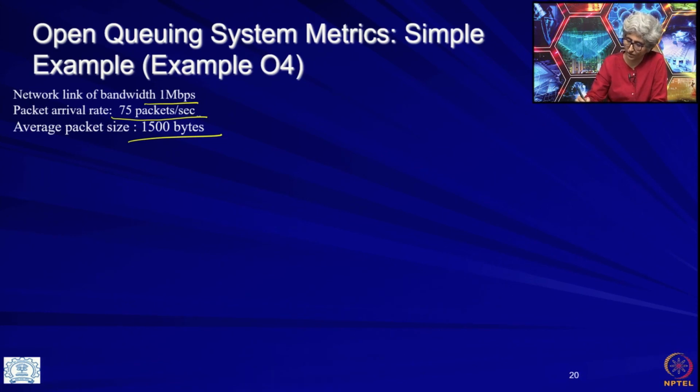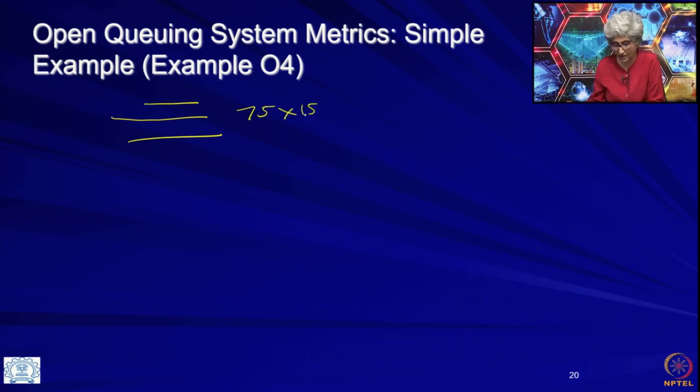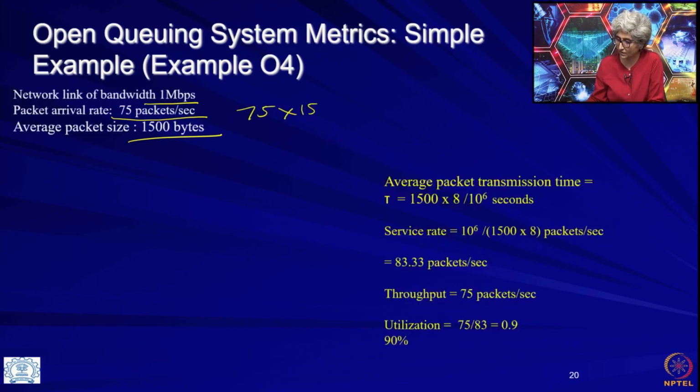First thing we have to calculate is, so many packets coming per second of this size, how many bits per second is that. So, that will be 75 multiplied by 1500, or instead we can actually calculate the average packet transmission time, okay.